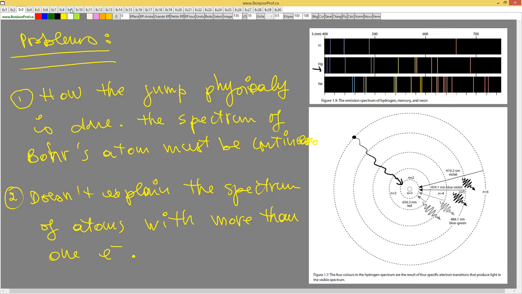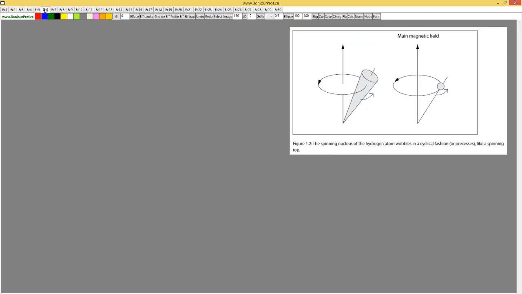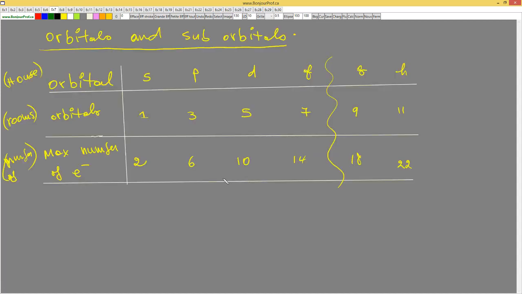So when we see the orbitals, we see that for some energy, for some levels, there are orbitals associated with them.